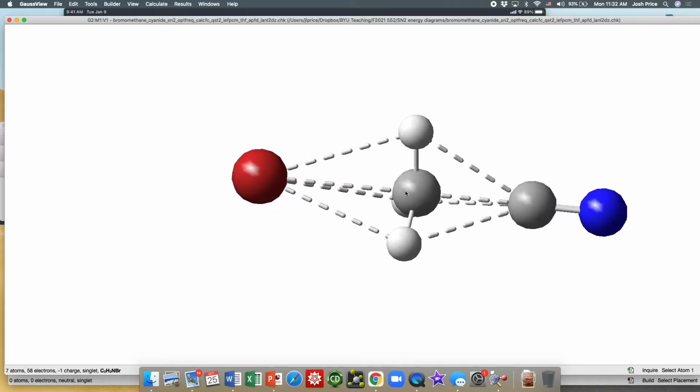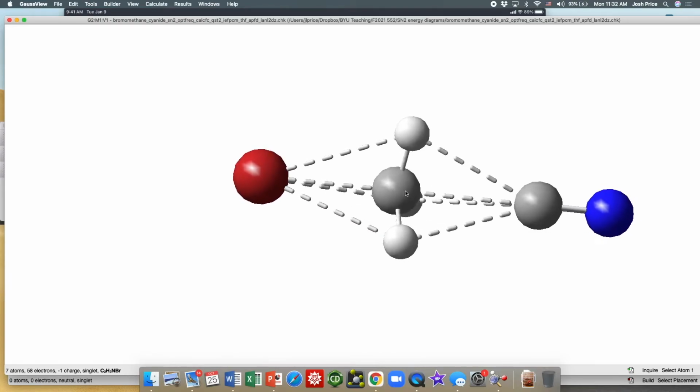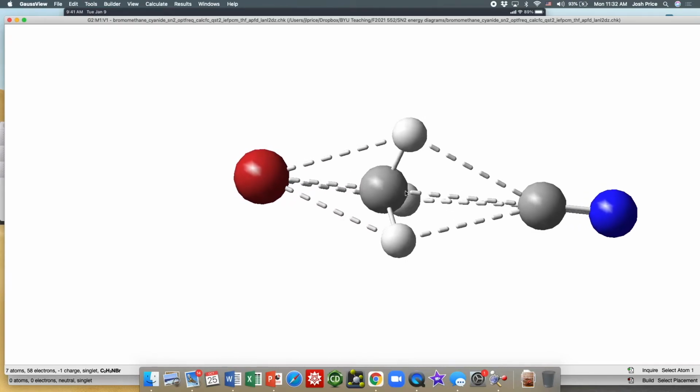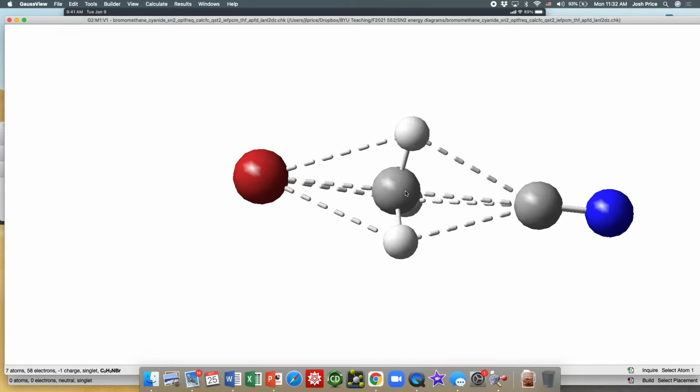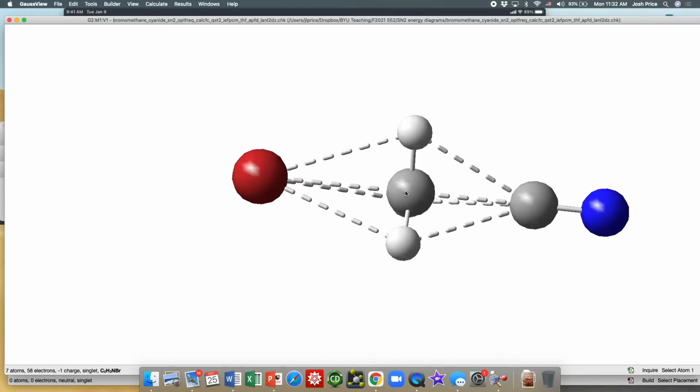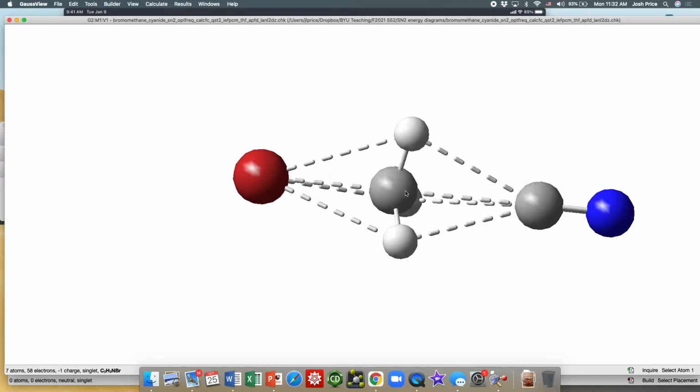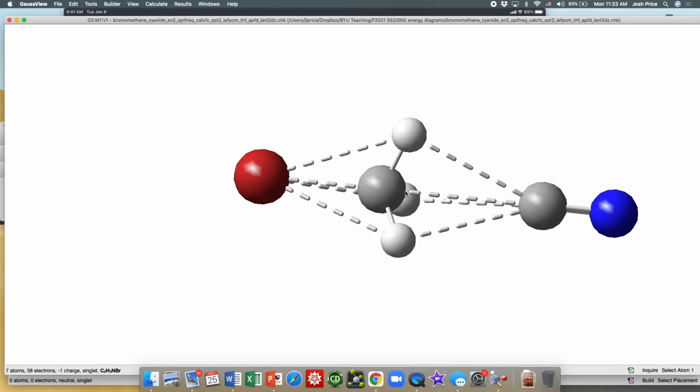You can't necessarily see it because it doesn't look like you would expect, right? We would sort of expect these groups on the end to be moving, but frankly, to have them sort of stationary and the one in the middle moving is exactly the same thing. Notice how with this vibration, we're changing the distance between leaving group and carbon versus nucleophile and carbon.